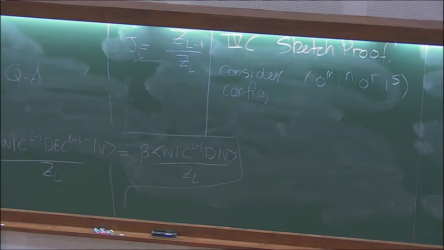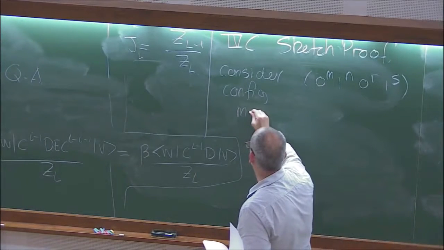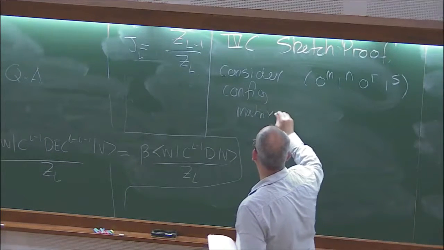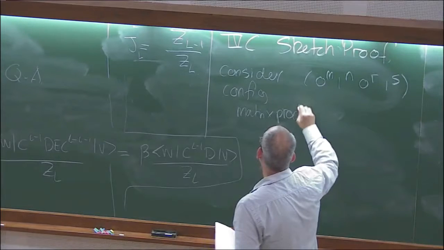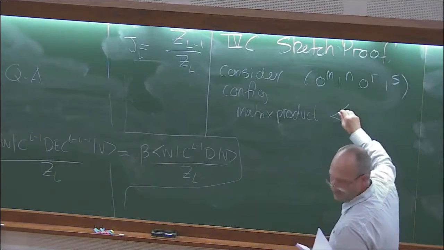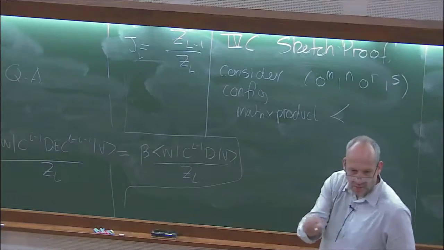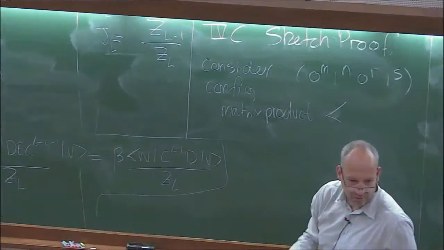Okay, so then the weight, so the matrix product, again, I'm going to use a slight shorthand notation. Instead of writing out the bra and ket vectors, I just write a bracket like this and like that.